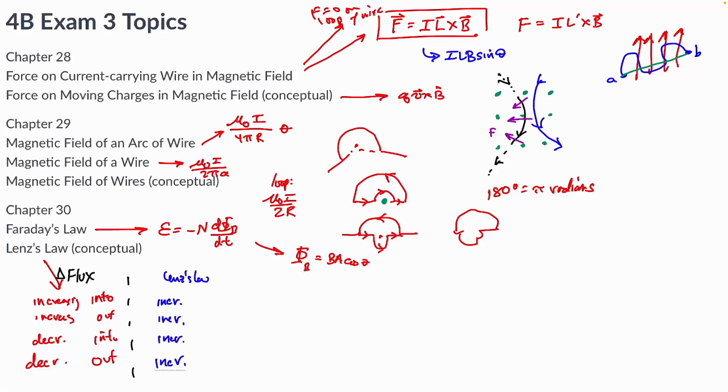And so increasing into, I would increase. Increasing out, I would increase. Decrease into. Decrease out. Right? And I just kind of had that matrix, if you will, that table kind of in my head. I sat down and I just wrote it down on the back of the exam before I even looked at any of the questions.